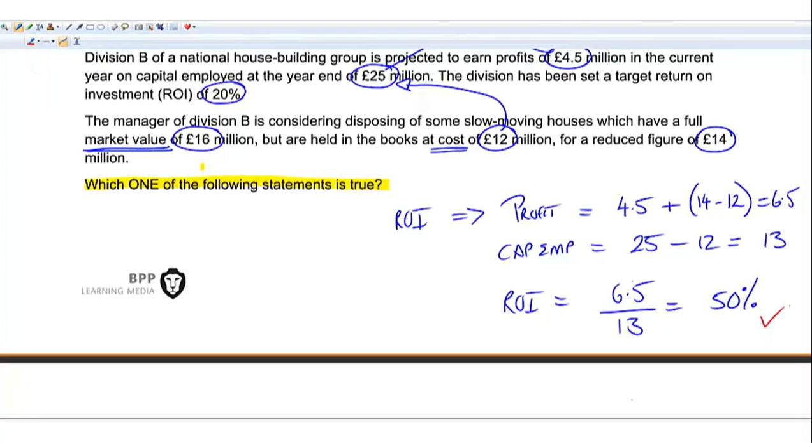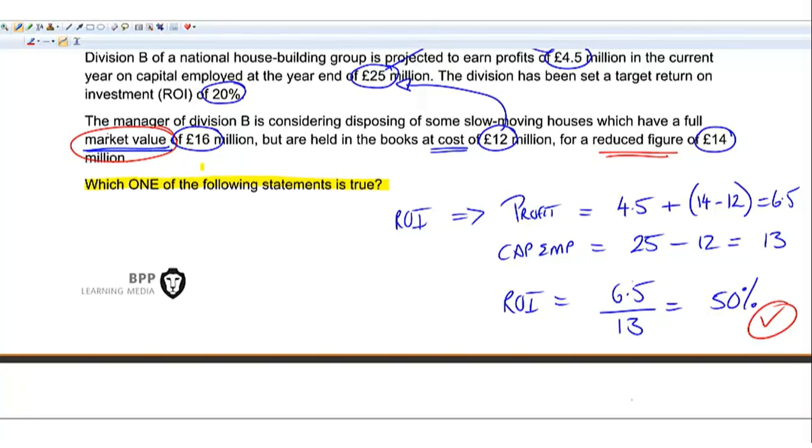That means that the division would now be able to meet or exceed its target. They are selling the houses for a reduced figure of 14, whereas the market value, what they could have sold them for, was 16. So this is a decision that would not be in the best interest of the company. We're losing out.